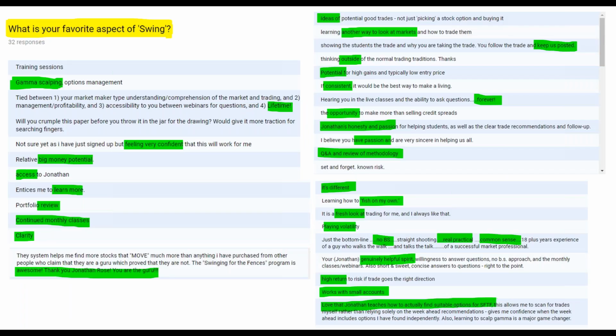I wanted some feedback on the Swinging for the Fences course. I got 32 people to respond. What's your favorite aspect of it? Gamma scalping, lifetime access, confidence, big money potential, access to Jonathan. My email is support@activedaytrader. I'm a quick reply. Continued monthly classes, clarity.